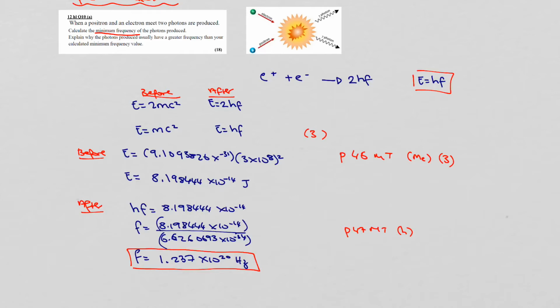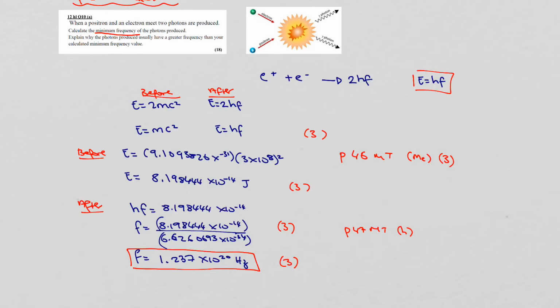Getting your energy beforehand was 3 marks. Getting your hf, so setting up the equation and finishing off, was another 3. So we had 3, 6, 9, 12, 15 in total for that.